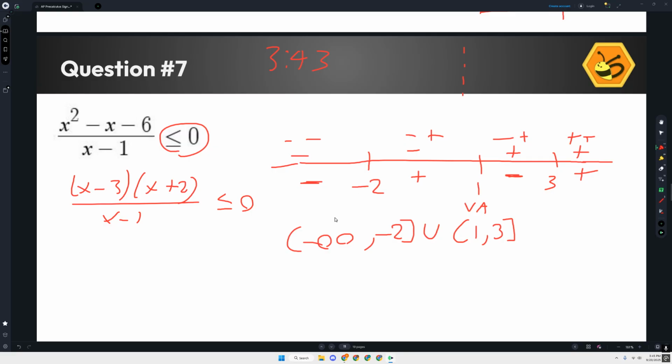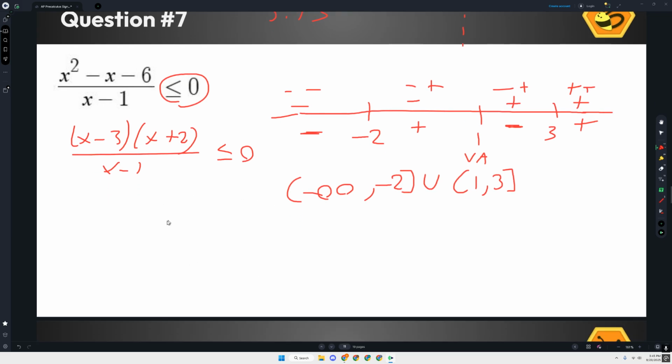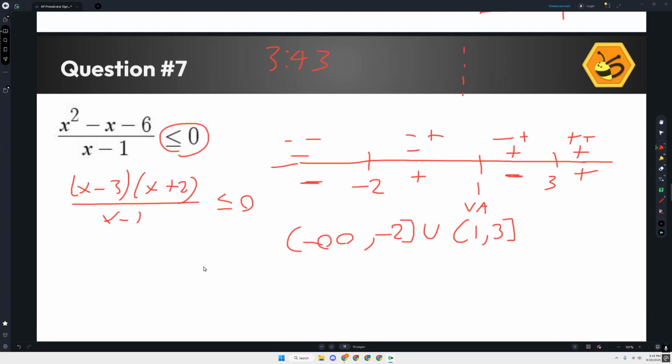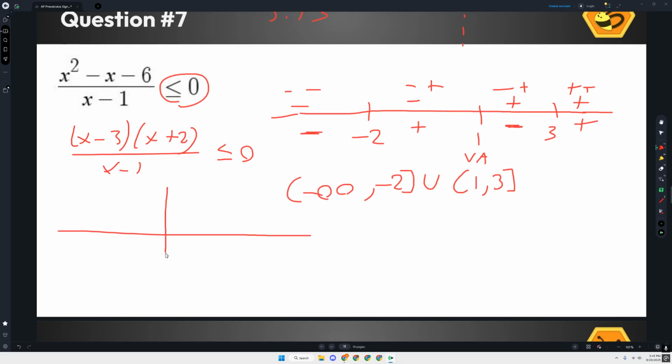Can you please go to the graph? Sure. So sign charts are easier than graphing it. But if you were going to graph it, first we draw our axis. We have an asymptote of 1, so we know we can't cross that. From there, you know there's an x-intercept at -2 and 3.